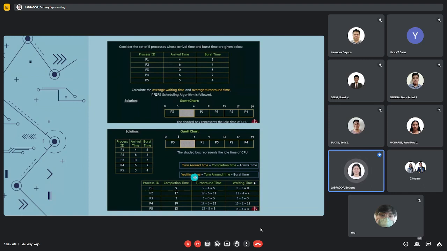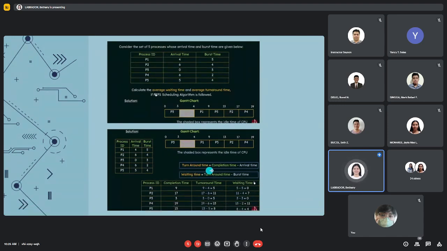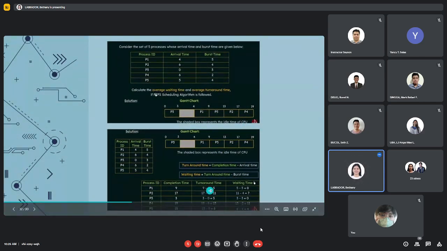To calculate turnaround time, it is completion time minus the arrival time. Then to calculate waiting time, it is turnaround time minus the burst time. Now we have the formulas, so let's try to calculate.